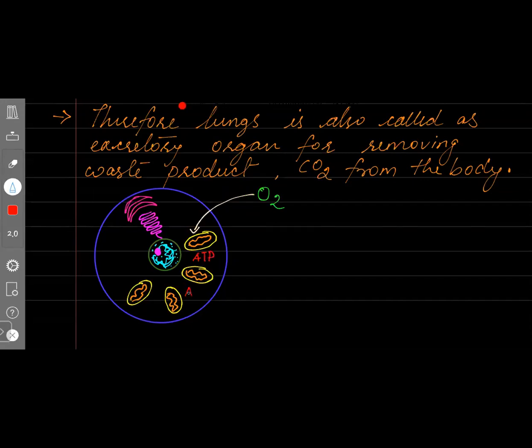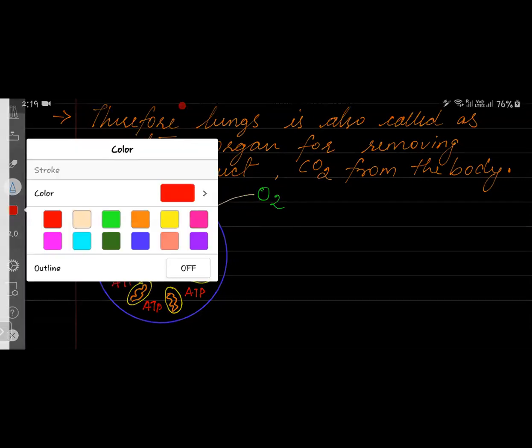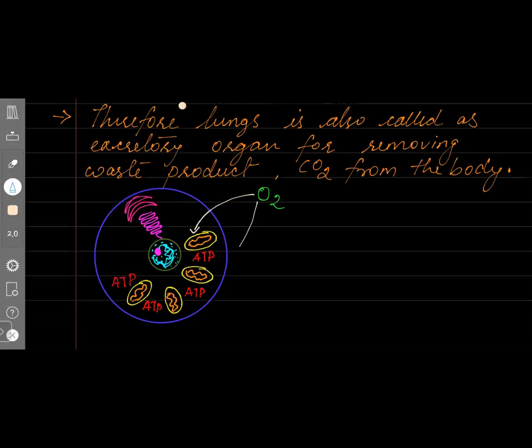All the mitochondria will produce ATP. Per cell, mitochondria can be many. It can be 1,000 or it can be just one. This is the cytoplasm.